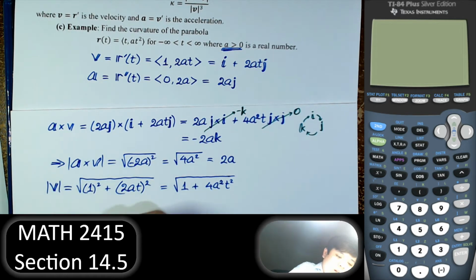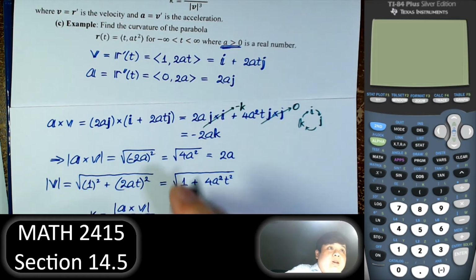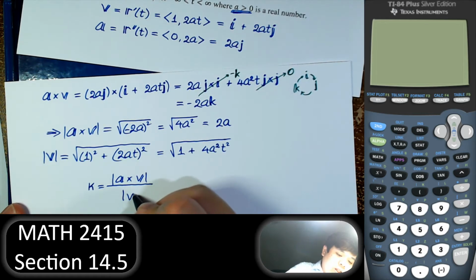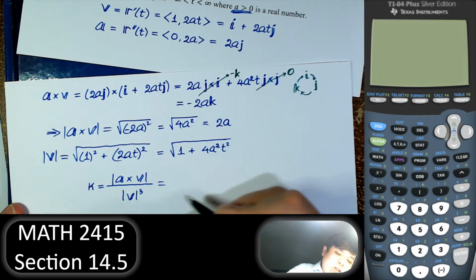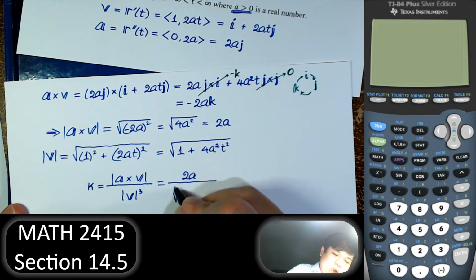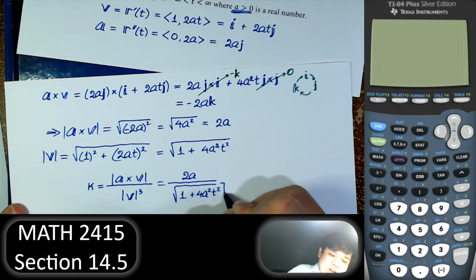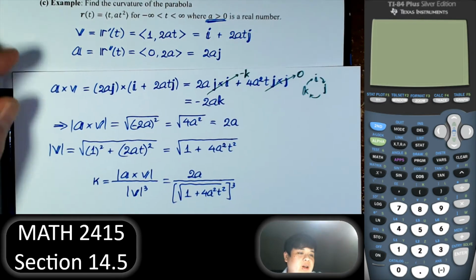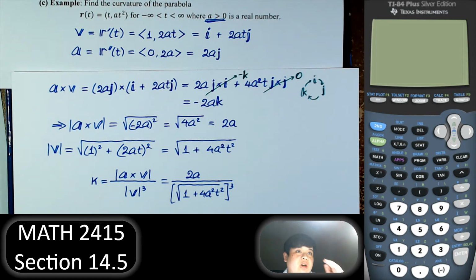And then the curvature kappa equal to the magnitude of the cross product of a cross v over v magnitude cubed. So we just have 2a over, let's just say we're going to cube that. So simple enough. Find velocity vector, find acceleration vector, cross product, and then go from there.